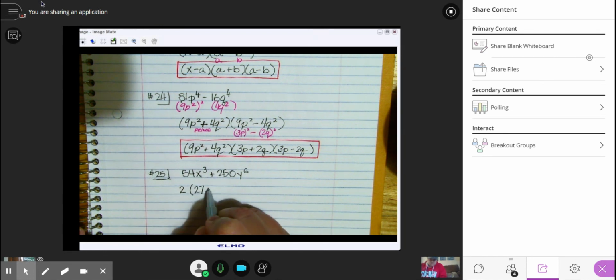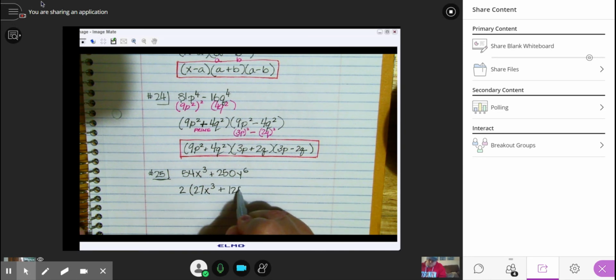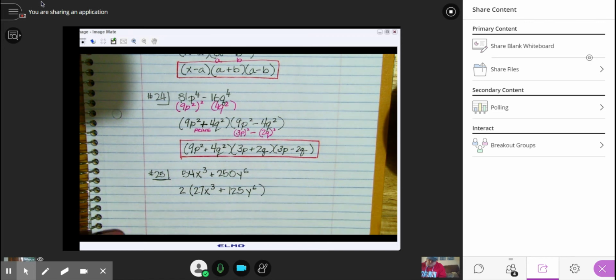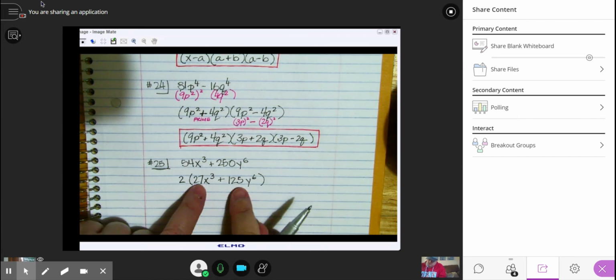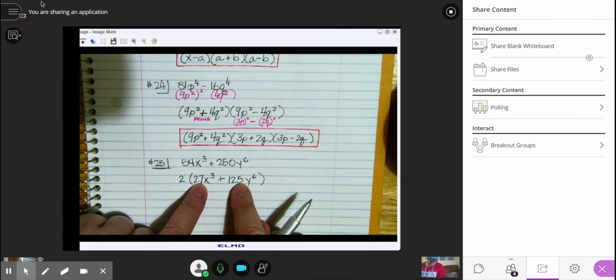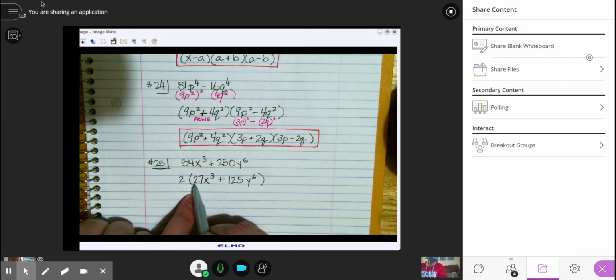So then I have 27x to the third plus 125y to the sixth. We have two terms. We want to look for squares and cubes. Is 27 a square? Is it a cube?